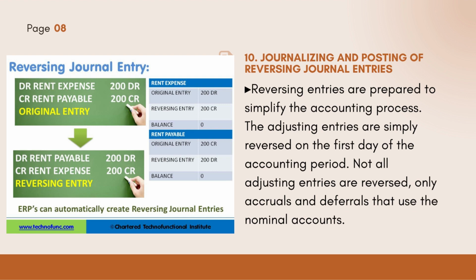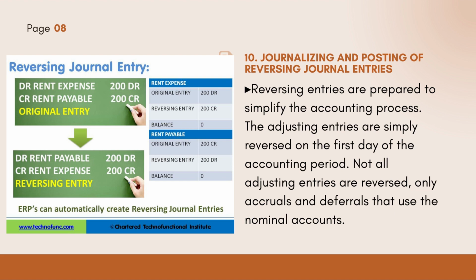Before journalizing and posting reversing entries, accountants review the adjusting entries made in the previous period and determine if any of them should be reversed. Reversing entries are typically used for accruals and deferrals to simplify the subsequent period's recording process.